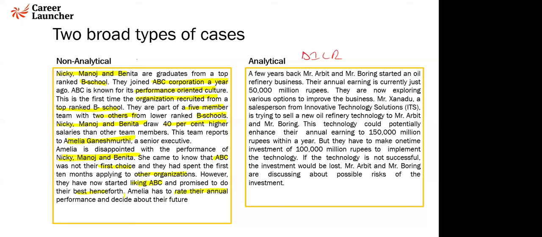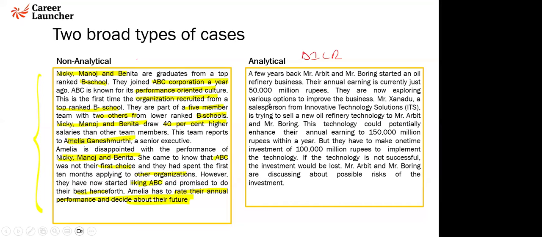Now, this is what is given to you. She has to rate the performance. But when you go to the question, you need to remember this data. In addition, you also need to be clear that there's some situation or some criteria given based on which you have to decide. Here, she has to rate the annual performance based on certain criteria, and that is what you'll need to look for.